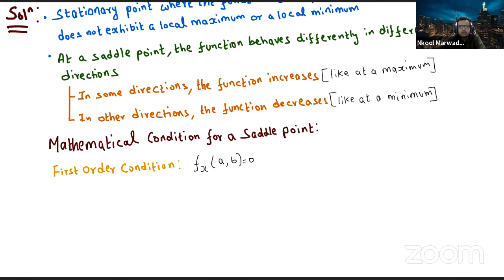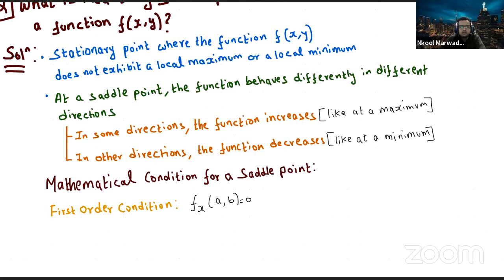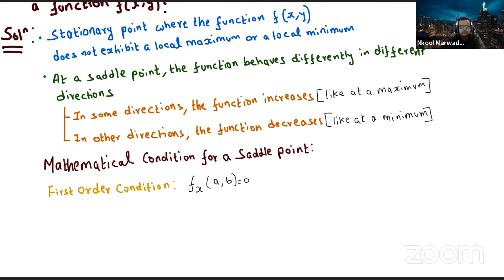Here we haven't specified a comma b, so first you have to write something about the stationary point in this context.